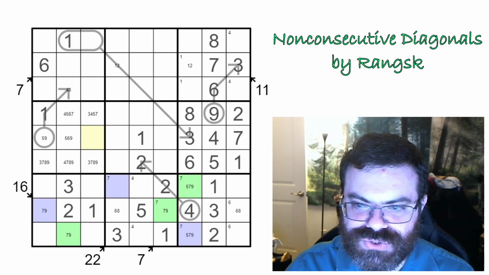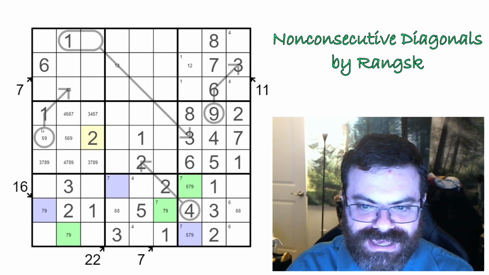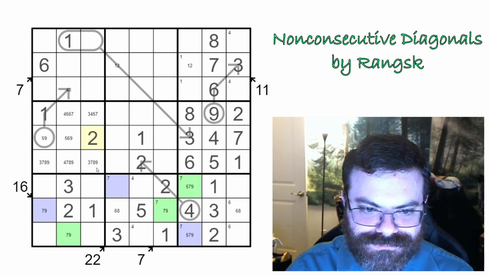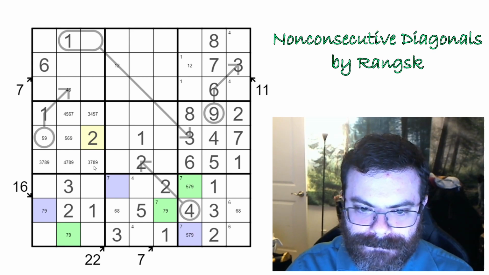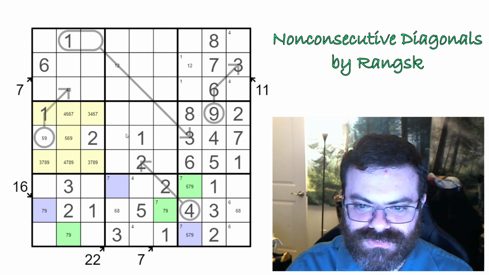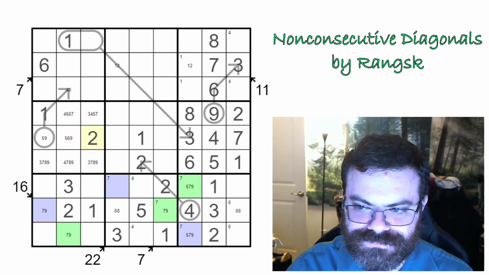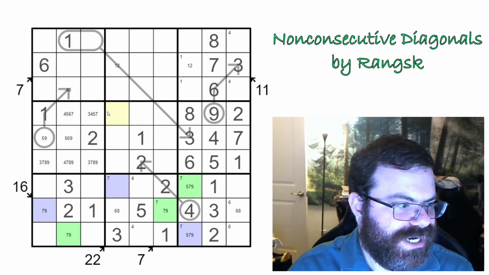This actually has to be a 2, because 2 can't go anywhere else in the box, as you can see from the candidates I filled. There's probably other ways to see that. Yeah, so just from the rows looking in and the column looking in, this has to be a 2. Sorry, I missed that before.